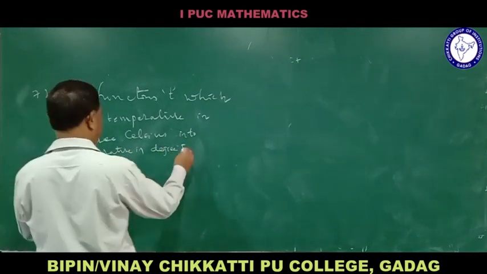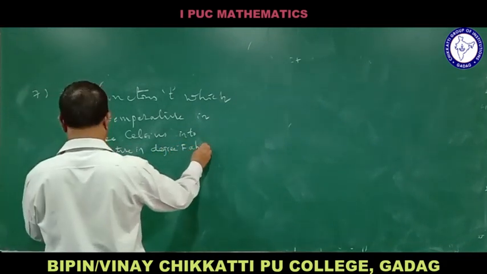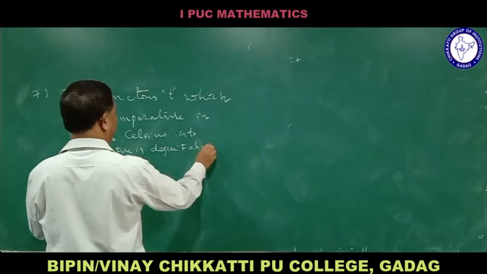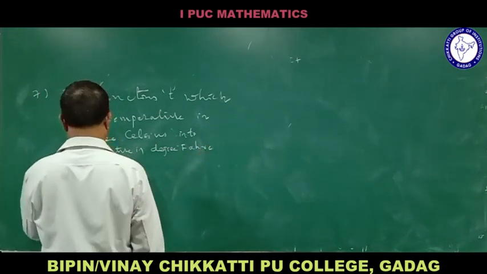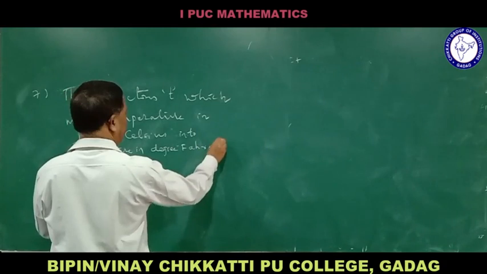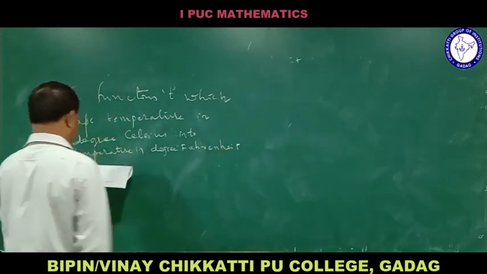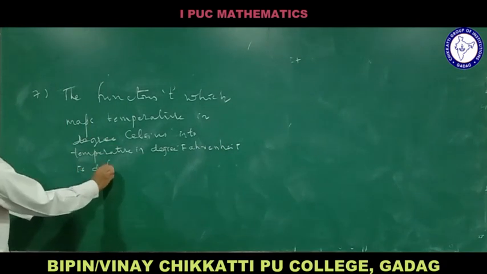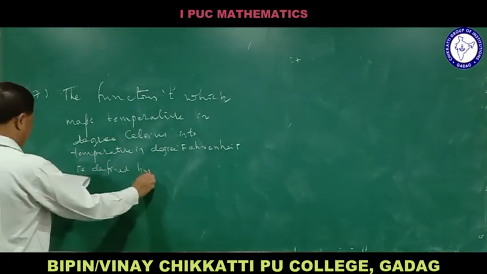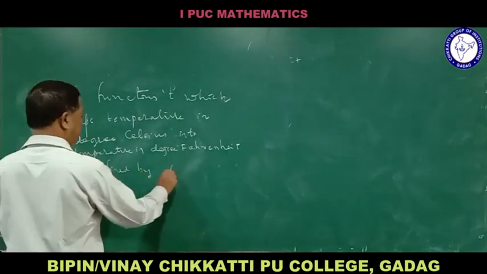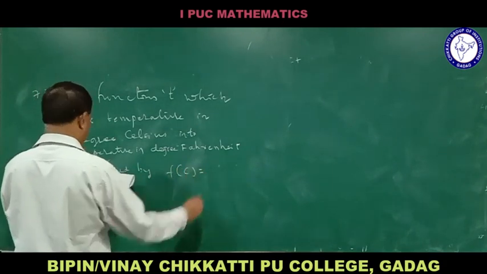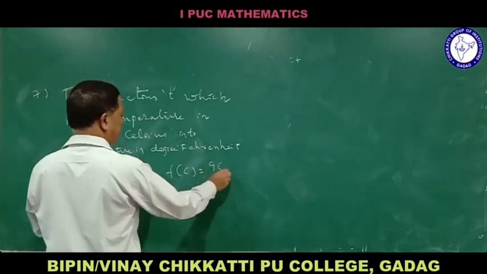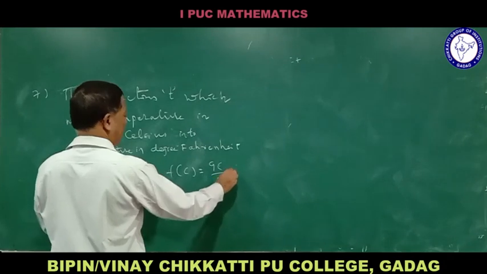You have to see that, because here it is centigrade to Fahrenheit, and the Fahrenheit is defined by f of c is equal to 9c divided by 5 plus 32.